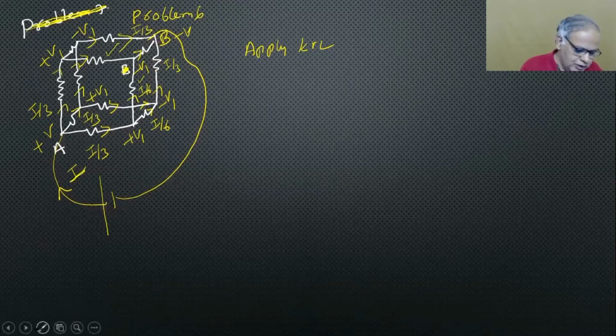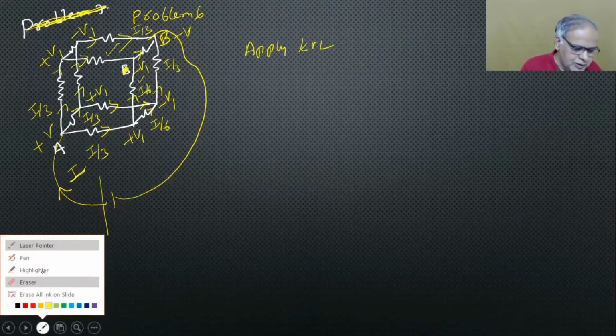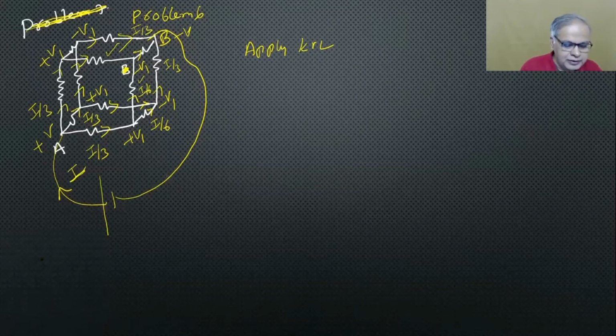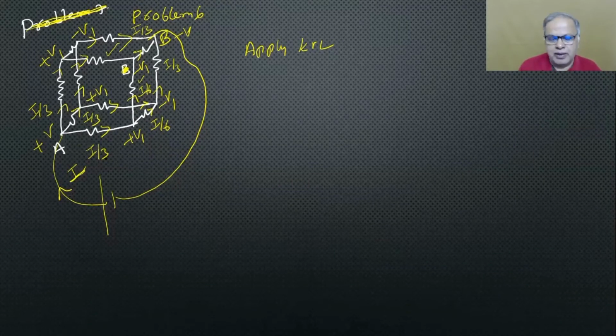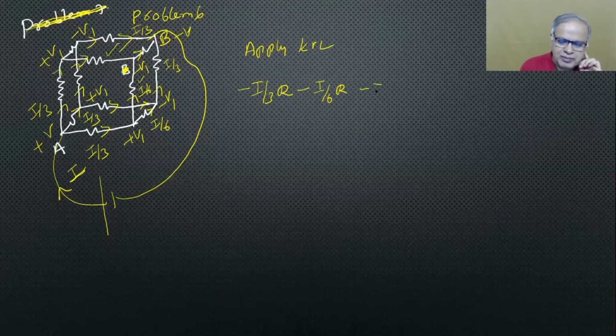So now for that, what will I write? Look, in the direction of current when I go, you've seen the loop already. I'm writing straight away: minus I by 3 into R, minus I by 6 into R, minus I by 3 into R.